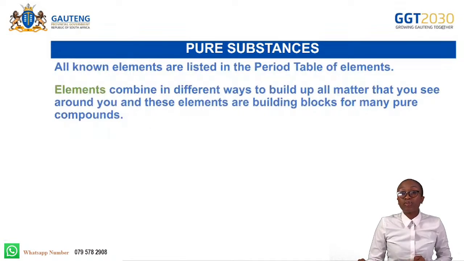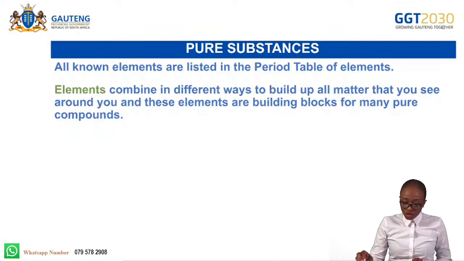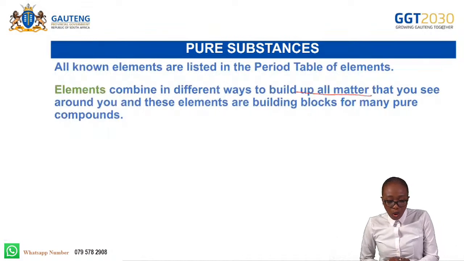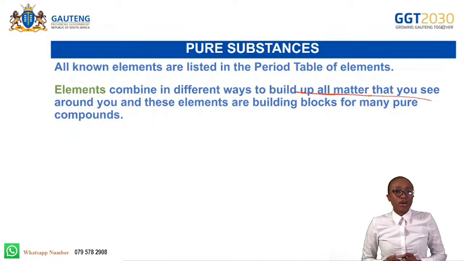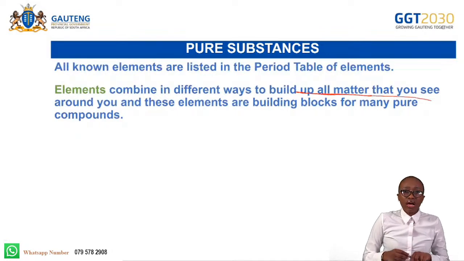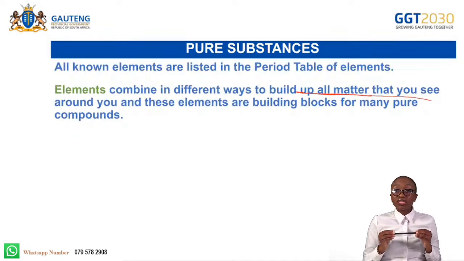And elements are special. The elements can combine in different ways and build up all the matter that you see. Remember last week we gave examples of matter. We said the tables, chairs, stationery, boiling water, this pen here, all this is matter.